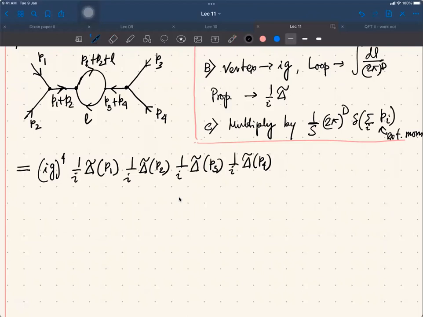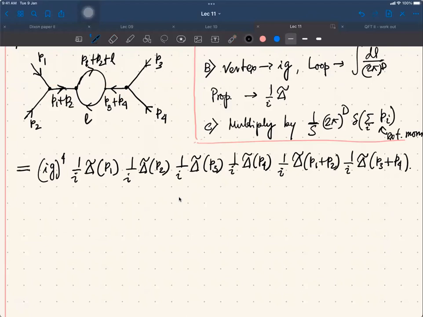And then let's go to the internal lines. The first internal line is here, and corresponding to that we have 1 over i delta tilde P1 plus P2, and corresponding to this one we will have 1 over i delta tilde P3 plus P4.